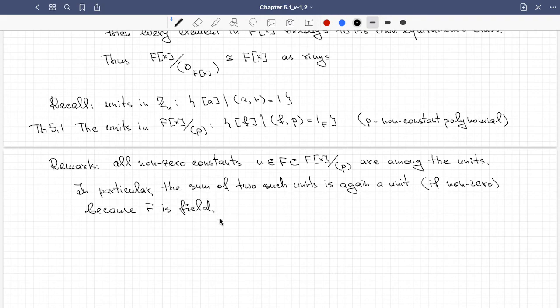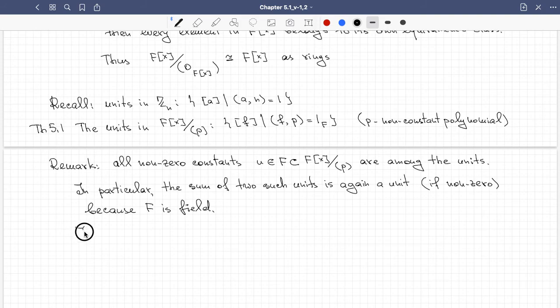This does not happen frequently in a ring. For example, it is not common that the sum of two units is a unit again. It may happen, but not that common. Here there are lots of units which satisfy that.